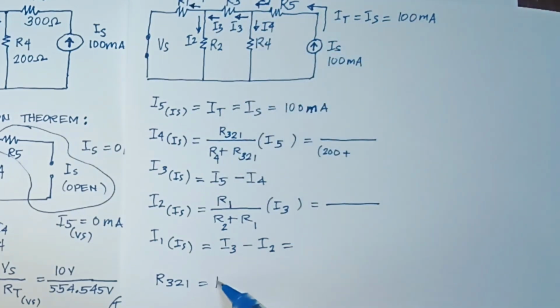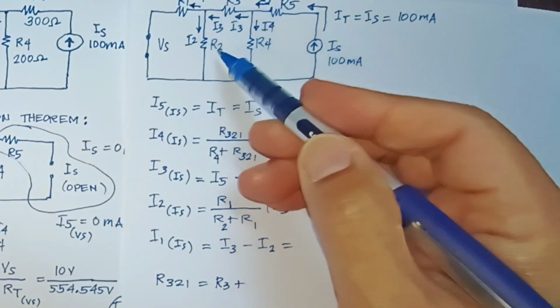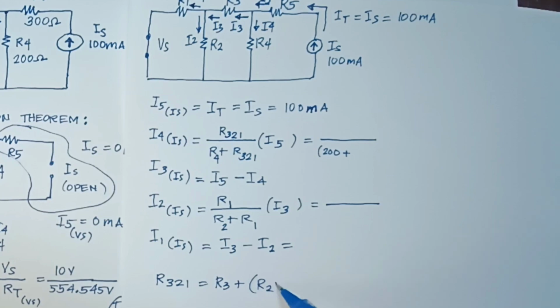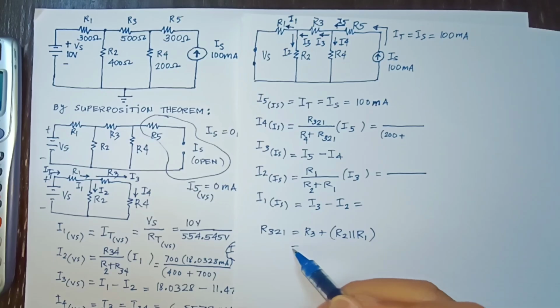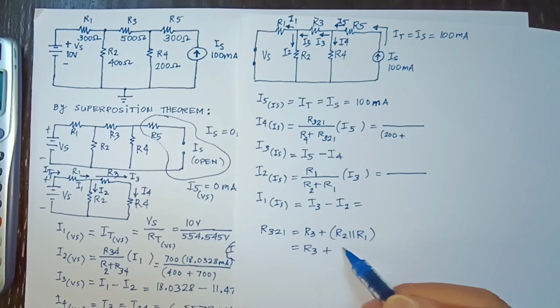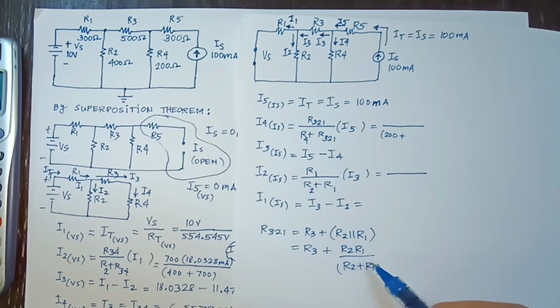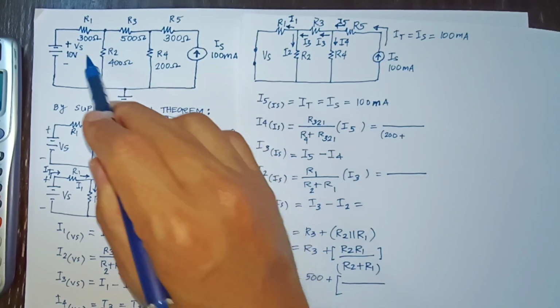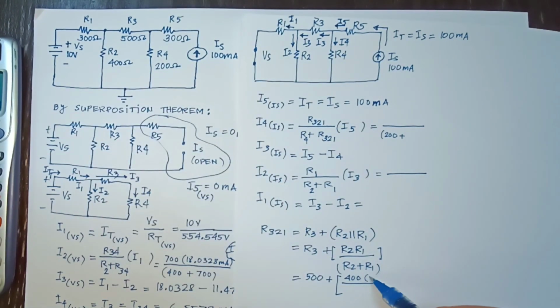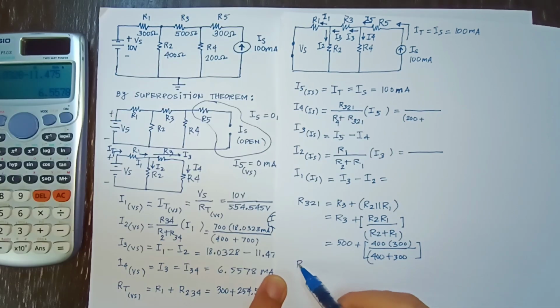Looking here, we have R3 in series plus the parallel of R1 and R2. So, we will get R3 plus R2 R1 over R2 plus R1. Let's put the proper parentheses here. And let's substitute the value of 500 plus the R2 of 400 multiplied with 300 R1 over the sum of 400 and 300.